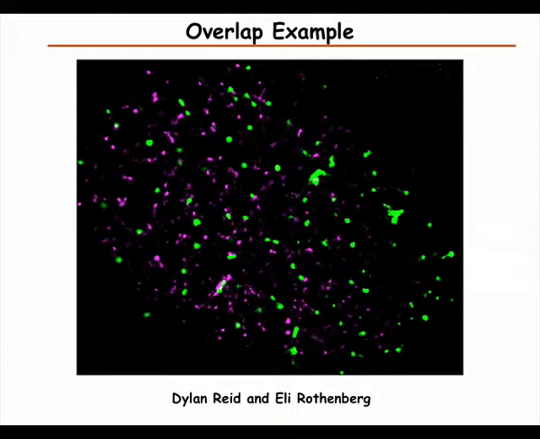So then another example. This is a super resolution microscopy image looking at two different proteins, and seeing how they overlap. So we have two different proteins.